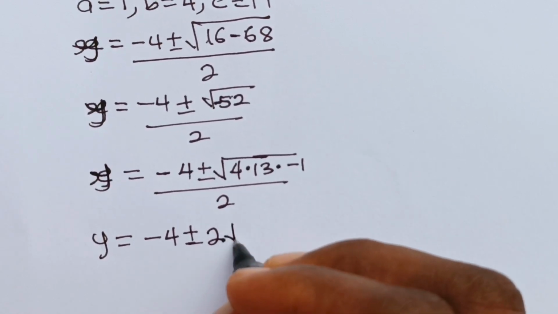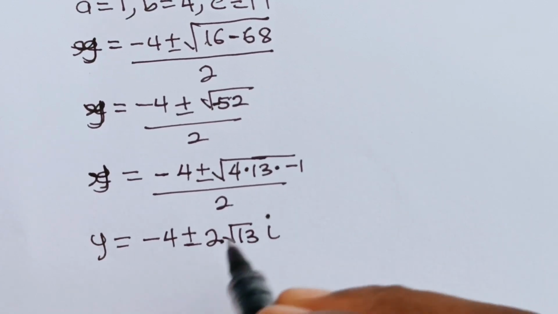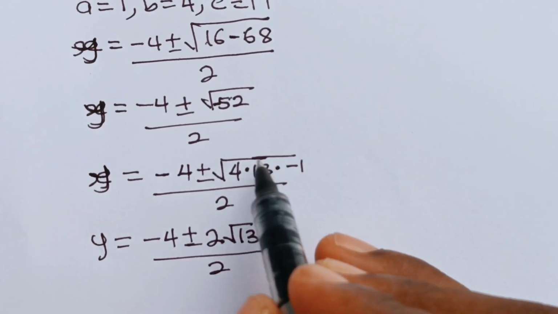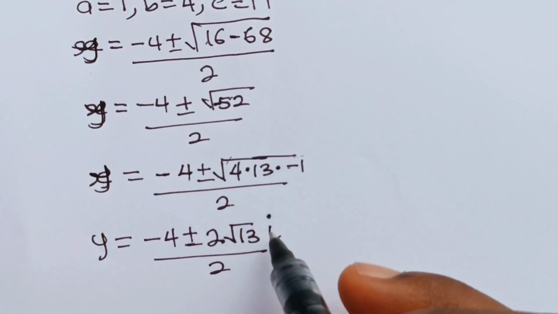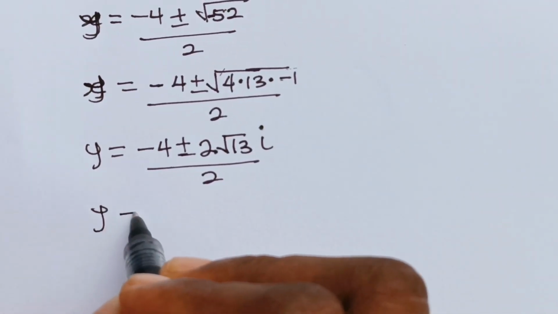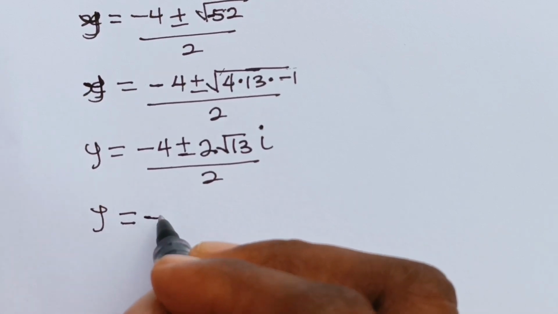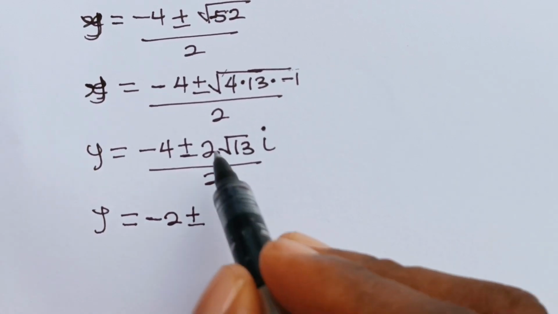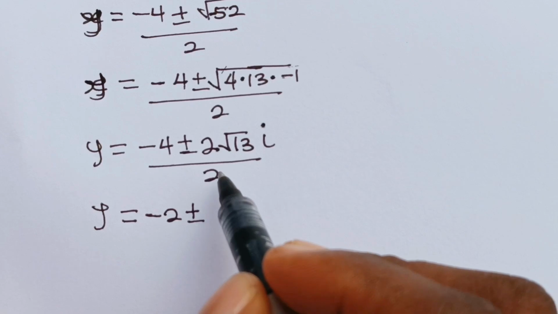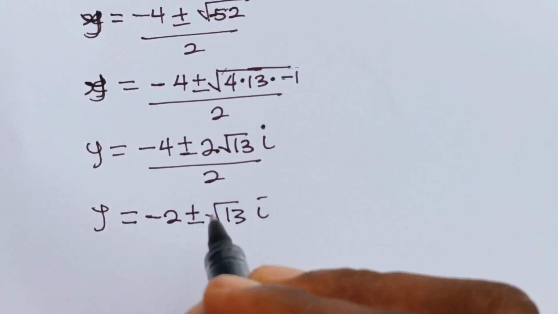So we have root 13i, divided by 2. That is because the square root of minus 1 will give us i. So we have that y is equal to, when minus 4 is divided by 2, we have minus 2, plus or minus, when 2 is divided by 2, we have 1. So we have root 13i remaining.